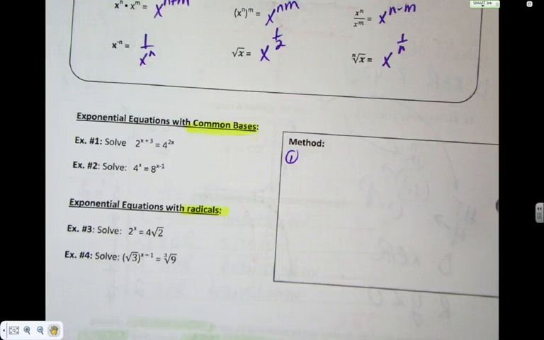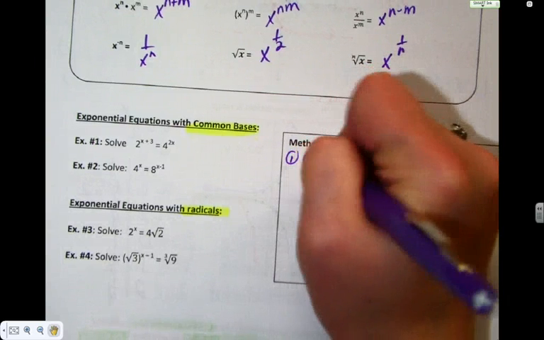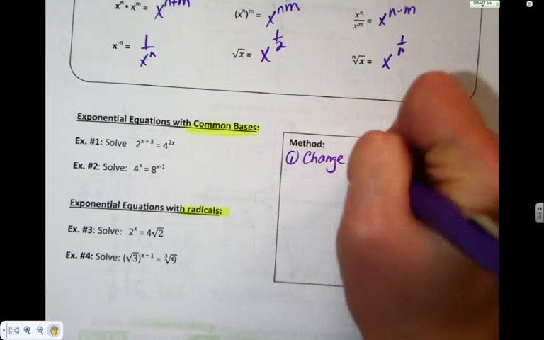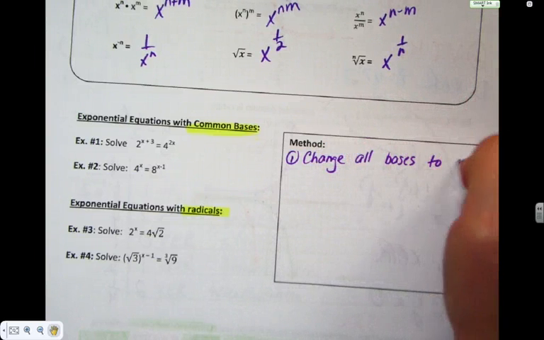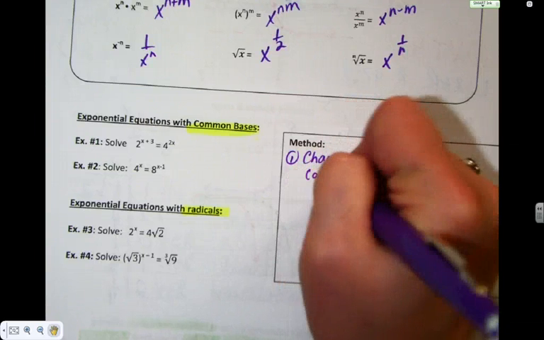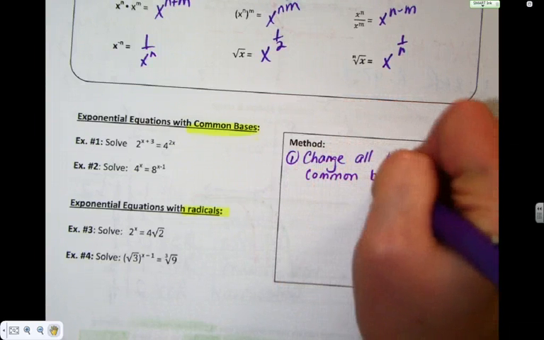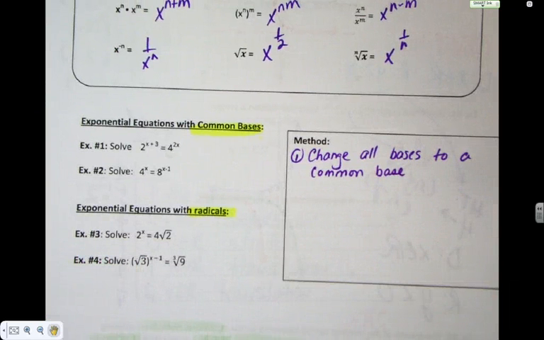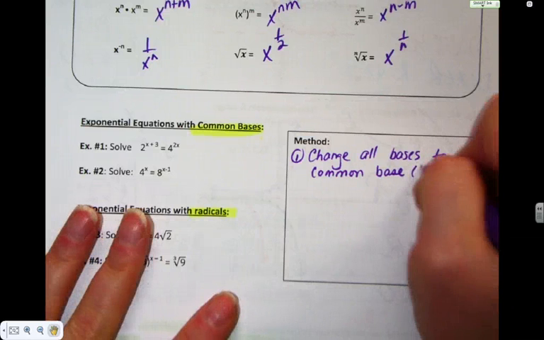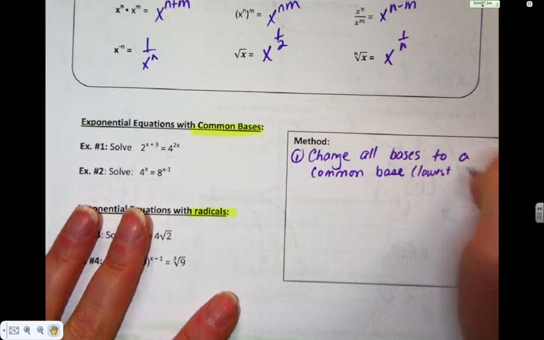You want to get a common base, so change all bases to a common base. And usually that's going to mean the lowest base that you see, because you can't change 2 into a 4 easily. You can change 4 into a 2. So typically it's whatever's the lowest base that you see in the question.